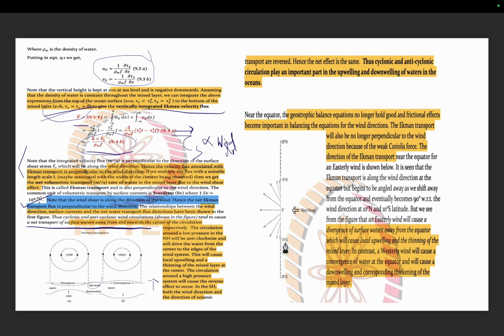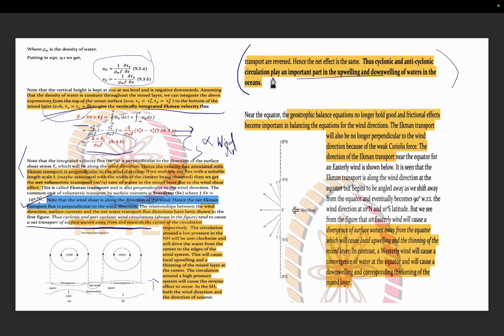The cyclonic and anticyclonic circulation play an important role for upwelling and downwelling of ocean water. When there is a cyclonic circulation, the ocean water bends and there is a downwelling of water in the center.